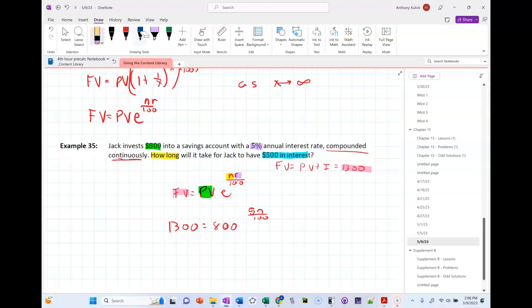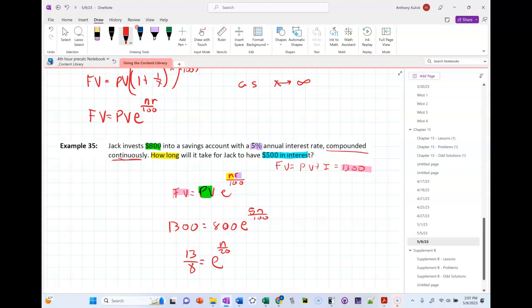First step should be to divide by 800. When I reduce that fraction, I just get 13 over 8. At the same time, I'm going to reduce the fraction 5 over 100 in the exponent to make that n over 20.